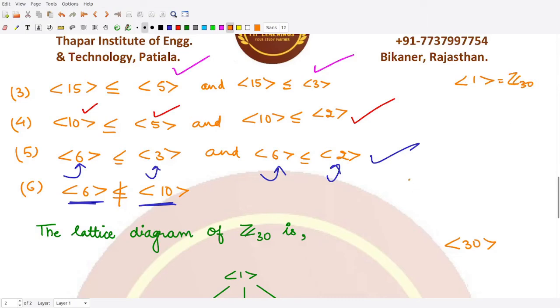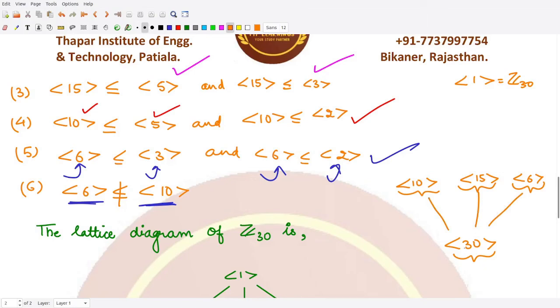So next we have the subgroup generated by 10, that generated by 15 and that generated by 6. You can see all of them are not contained in each other, right? And all of them contain the subgroup generated by 30, because it only has the identity element. So we can make these straight line segments over here.